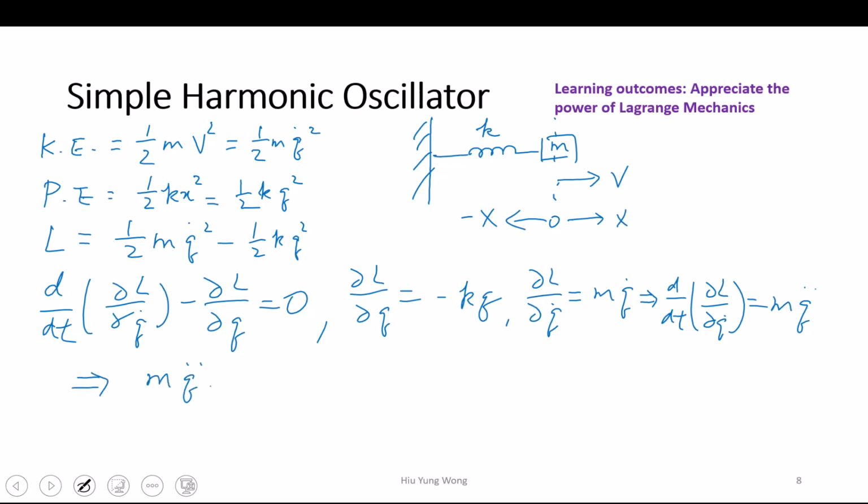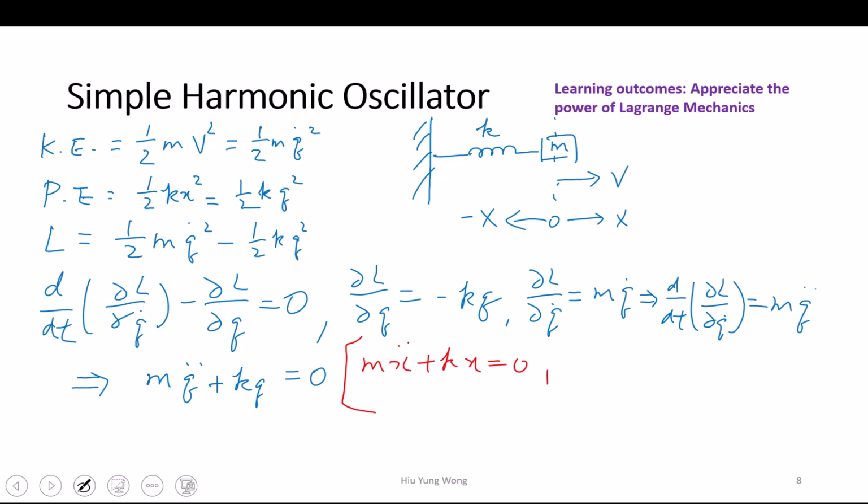So what is the equation of motion? m q double dot plus kq, not minus, because I need to subtract partial L partial q, equals 0. That is the equation of motion, and you derived this in undergraduate, maybe high school. This is just like m x double dot plus kx equals 0.